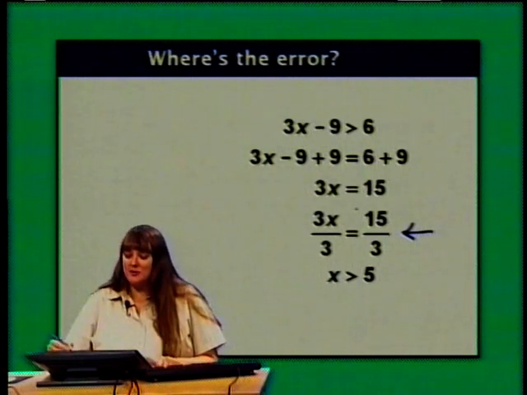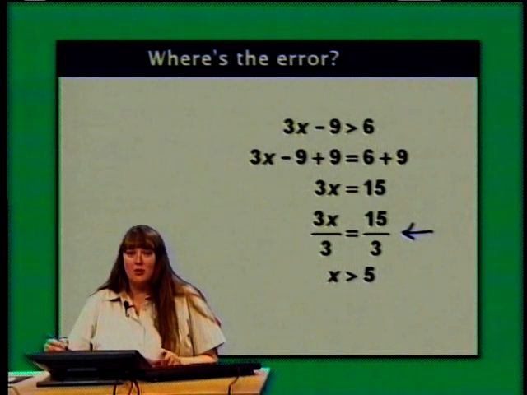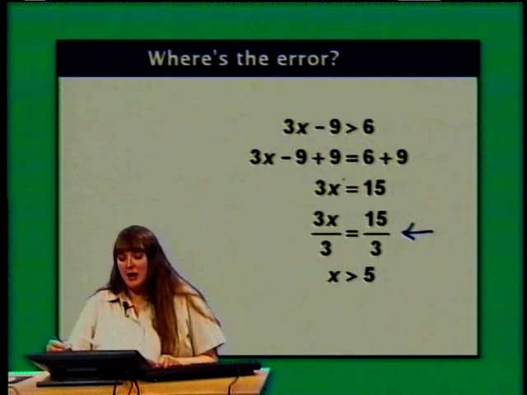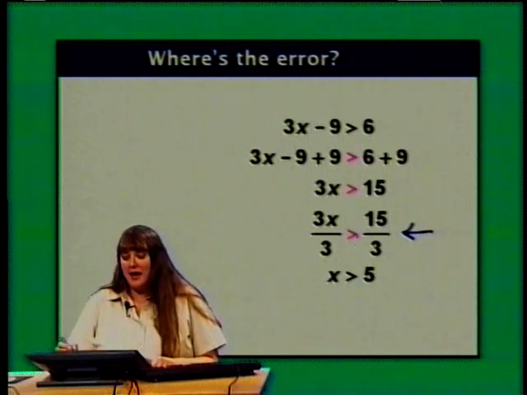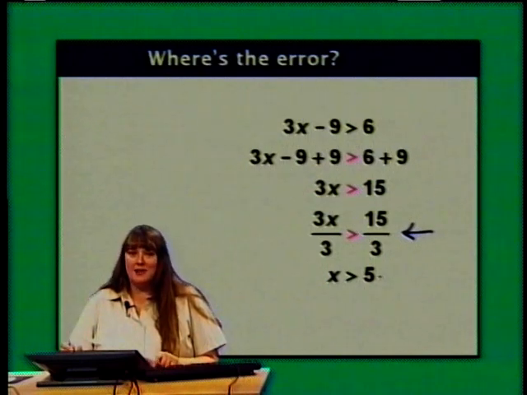So if we haphazardly go through and try to solve an inequality as if it's an equation, we always run into the possibility that we're not keeping track of what's happening to the inequality. And if we had come to a point where we had to multiply or divide both sides of the inequality by a negative number, we wouldn't have reversed the sense of the inequality, and we would not have come up with a correct equivalent inequality at the end.